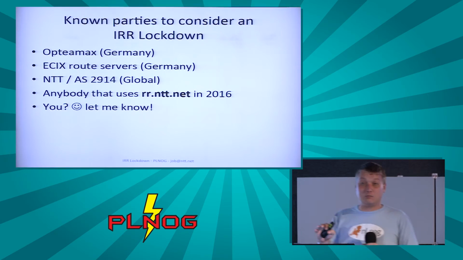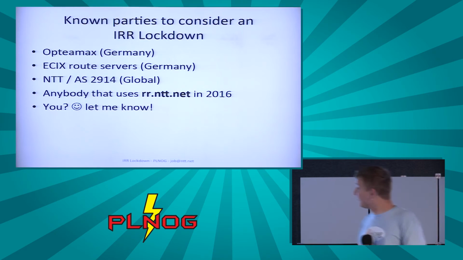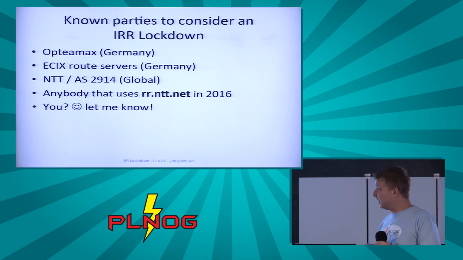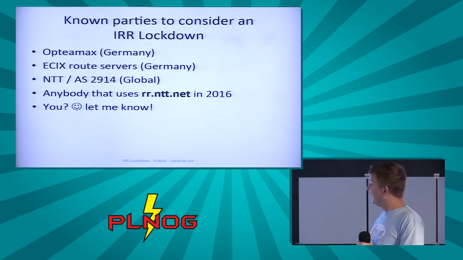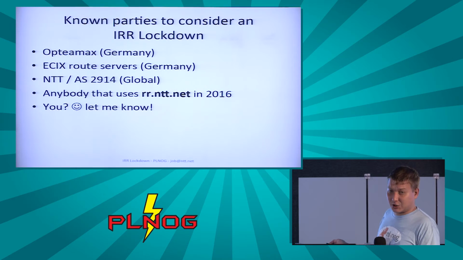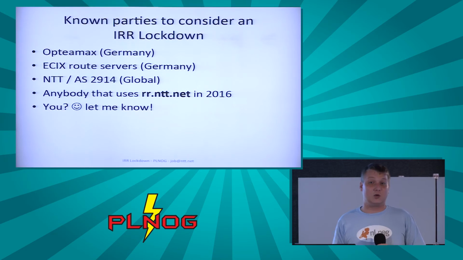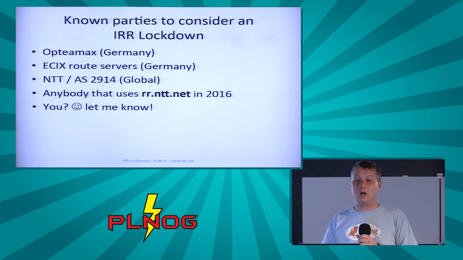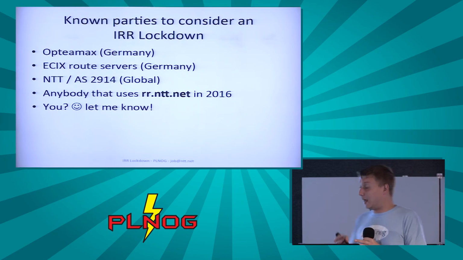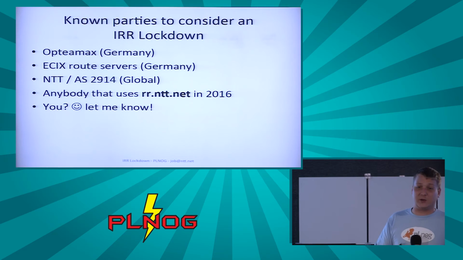We are not alone at NTT in this strategy. There's a company in Germany, Optimax. They already do this today. The ECIX route servers in Germany, they are considering to deploy IRR lockdown as an additional filtering mechanism on their route servers. NTT is considering deploying this filtering mechanism.